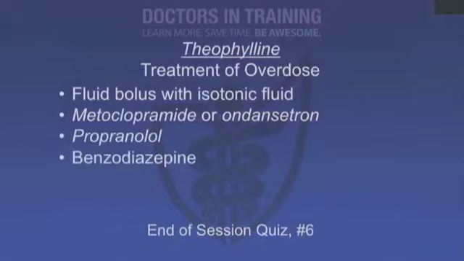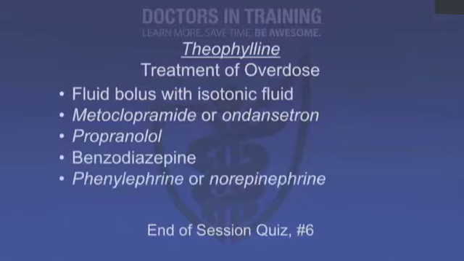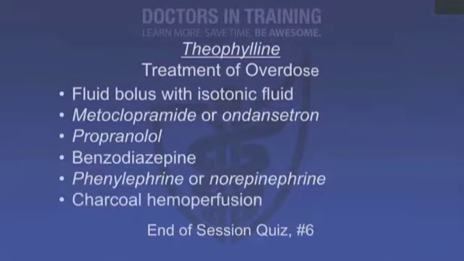You can give a benzodiazepine to reduce anxiety and to decrease the risk of seizures. You can use phenylephrine or norepinephrine to increase the blood pressure if needed. And as a last resort, rarely we use charcoal hemoperfusion. This is where you pass the patient's blood through a charcoal filter and remove the theophylline from the circulation.